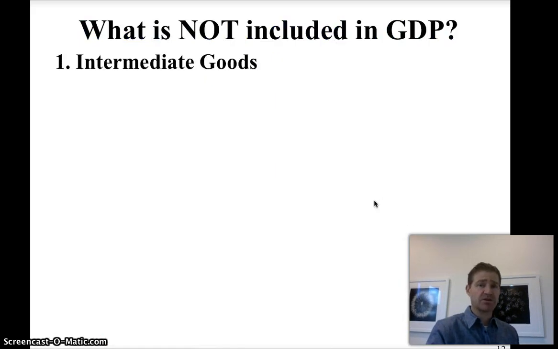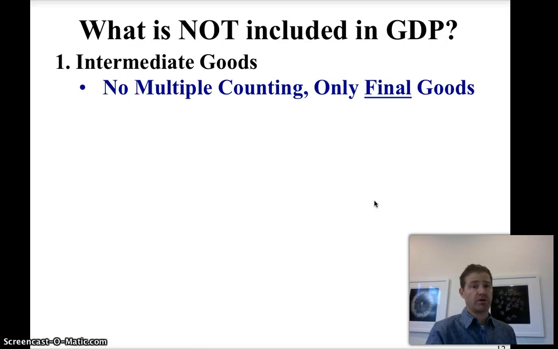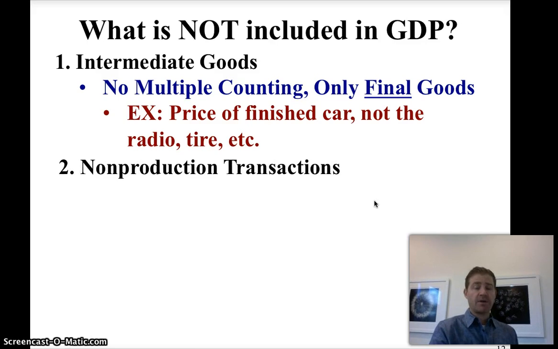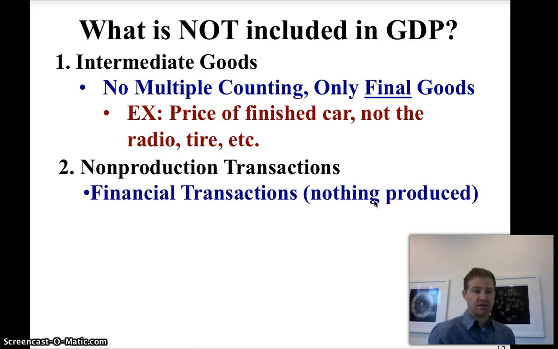So what's not included in GDP? This is important. Intermediate goods are not counted because of multiple counting. I already sort of discussed that idea: the price of a finished car, not the radio or the tires. Transactions that do not produce anything.